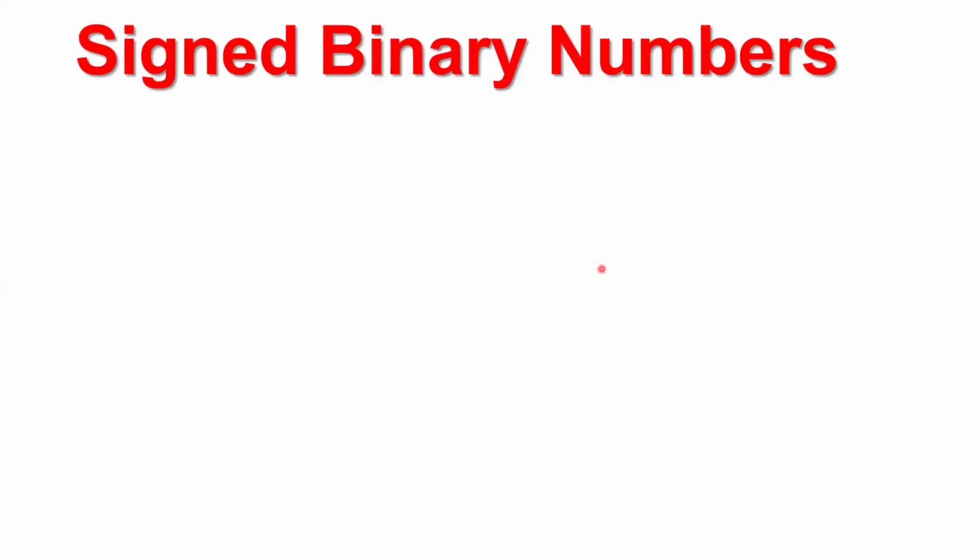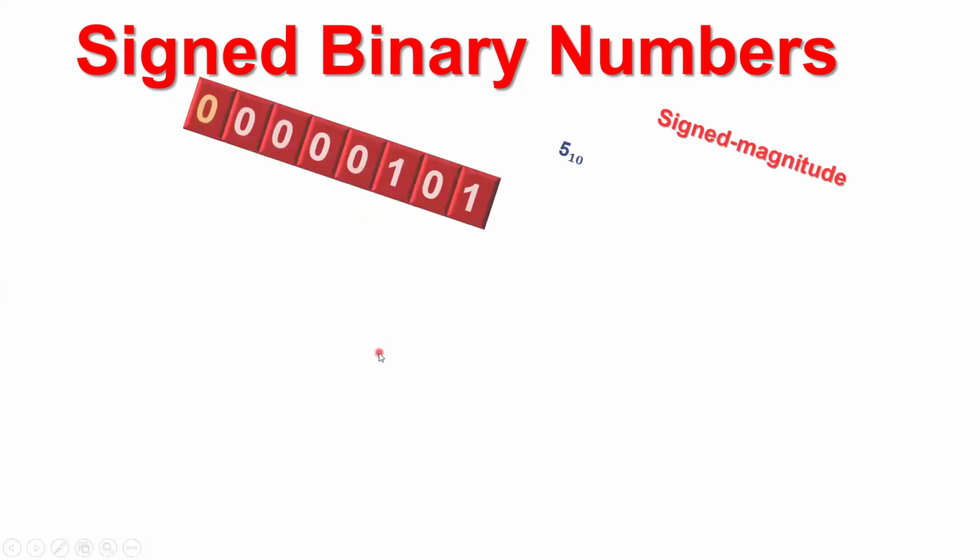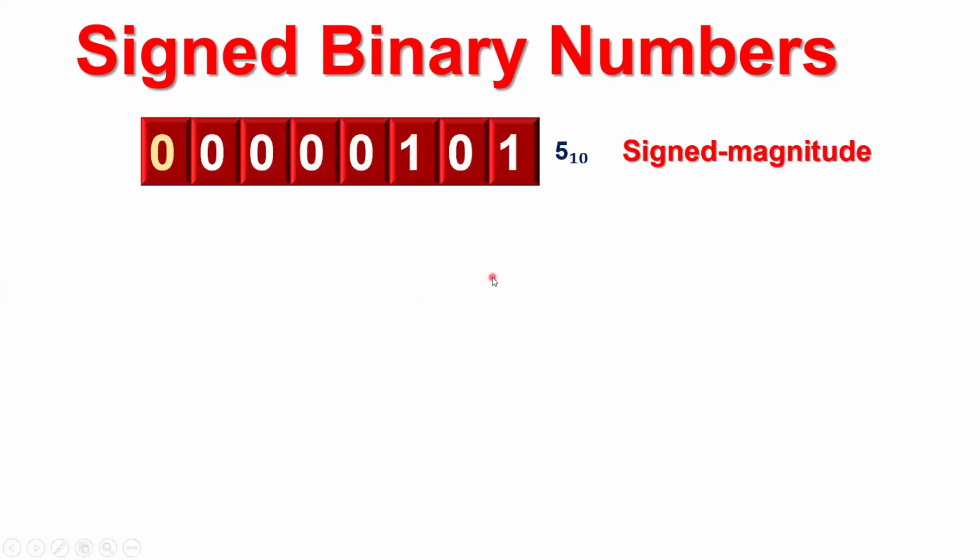Hello, so let us understand one more time the concept of signed binary integers. Out of the three forms in which signed binary integers can be represented, this is the first form, called signed magnitude form.